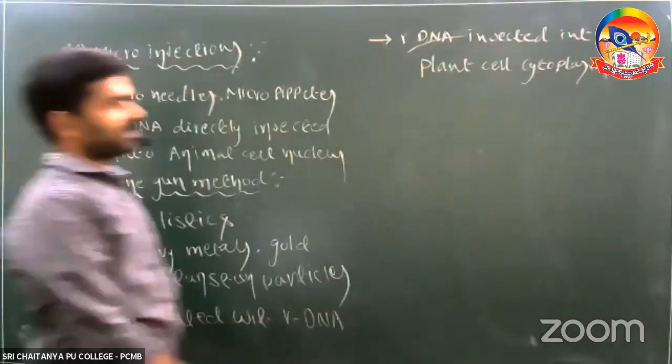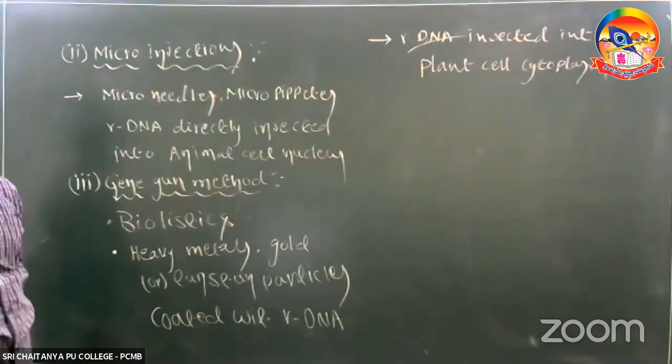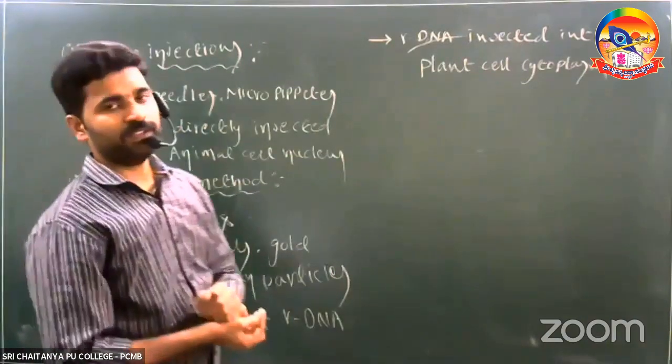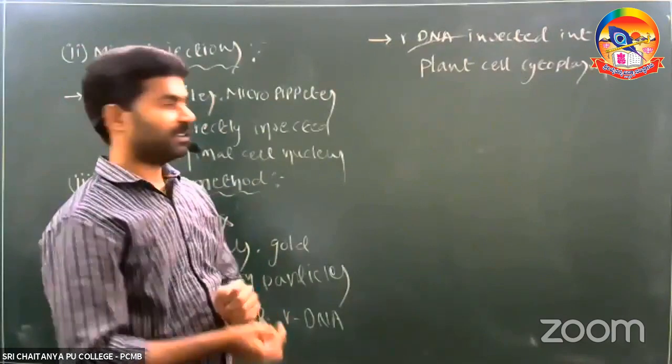The gold or tungsten particles leave the rDNA molecules in the plant cell cytoplasm, and the particle again comes out from the leaf cell or plant cell, right?